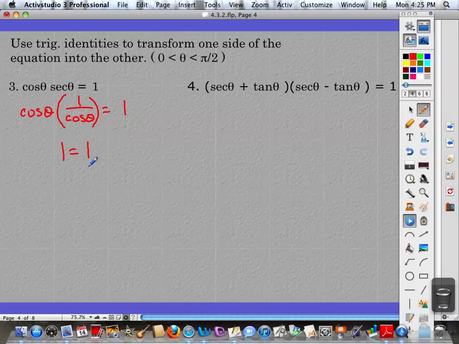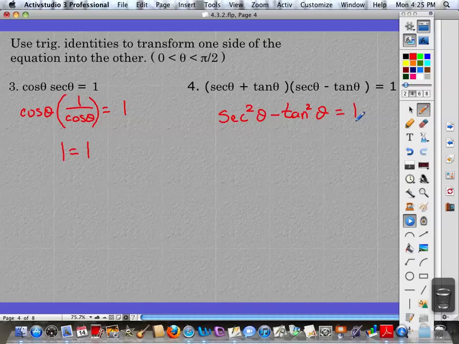Okay? But if we look at this, I've got the sum and the difference of the same two terms. So if I were to actually distribute and multiply those together, I'm going to end up with secant squared theta minus tangent squared theta equals 1.